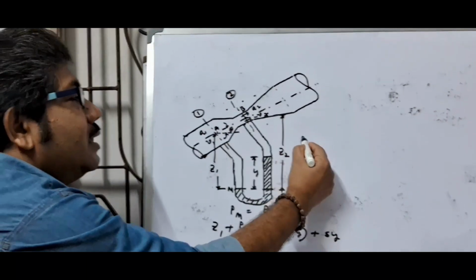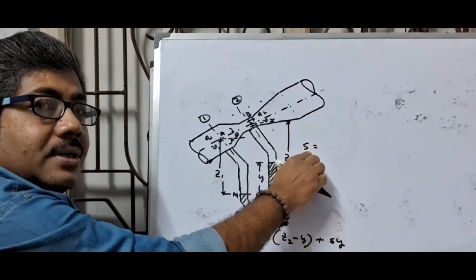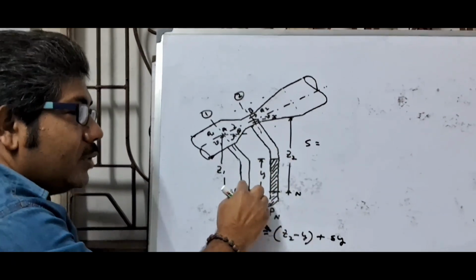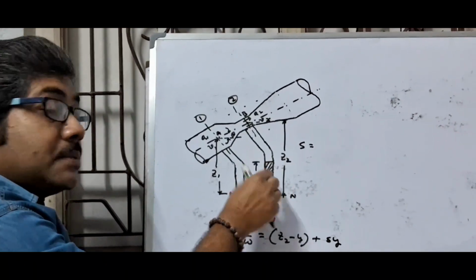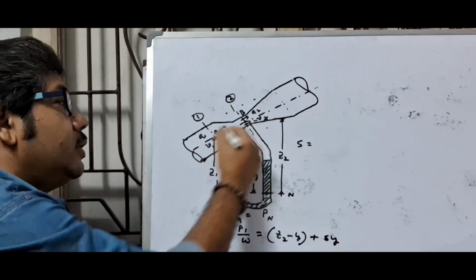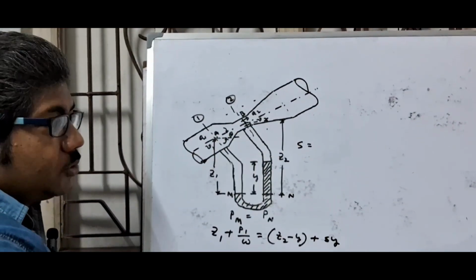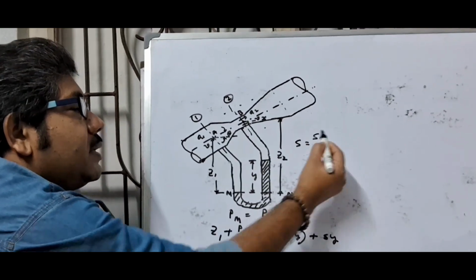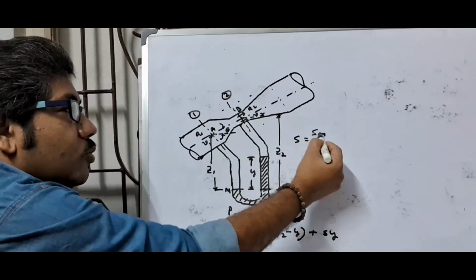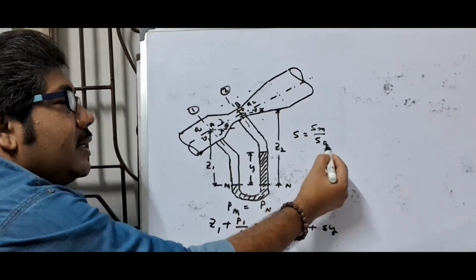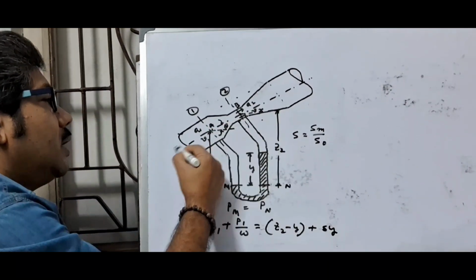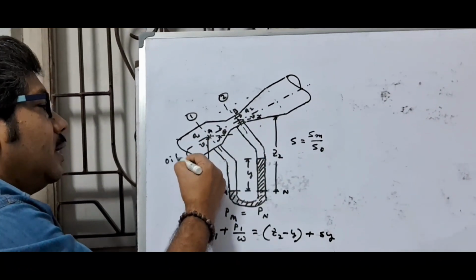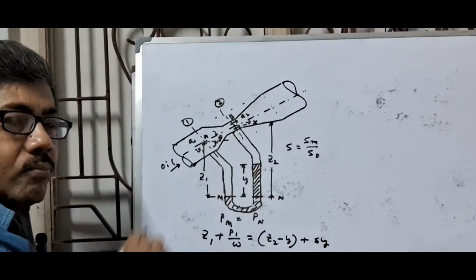In the same manner, S equals the specific gravity of liquid in the manometer with respect to the specific gravity of liquid flowing through the pipe or Venturimeter. That means here S equals specific gravity of mercury in the manometer by specific gravity of oil flowing through the Venturimeter, if oil is flowing through this pipe.